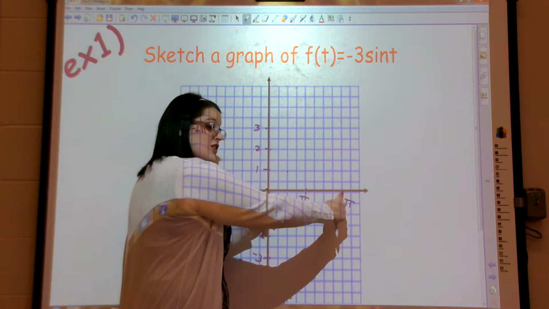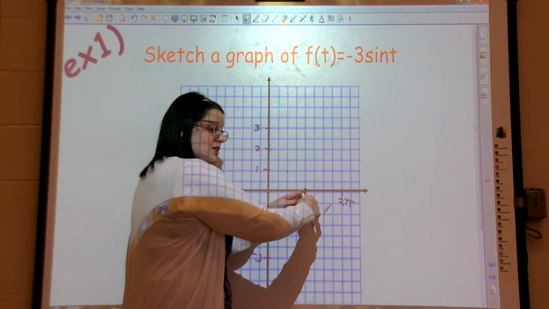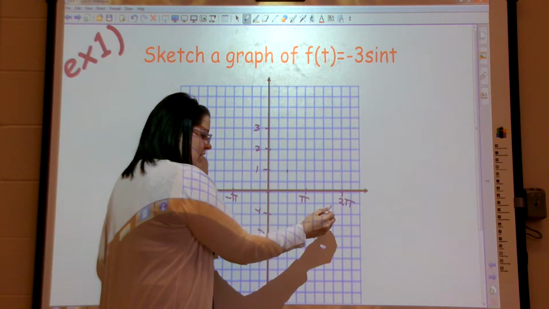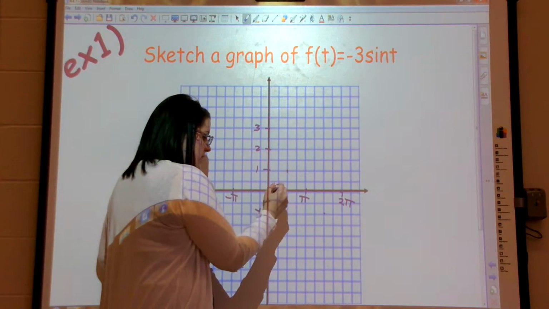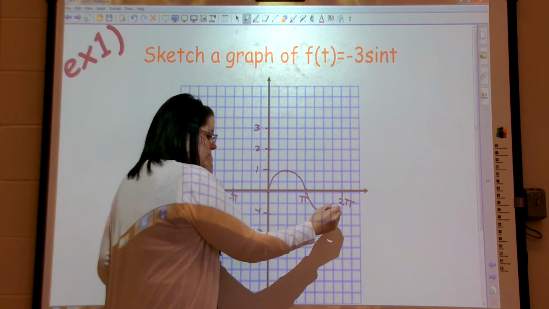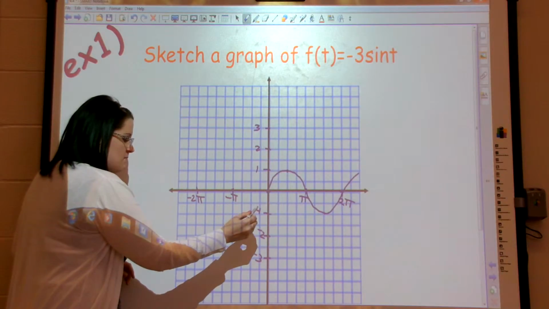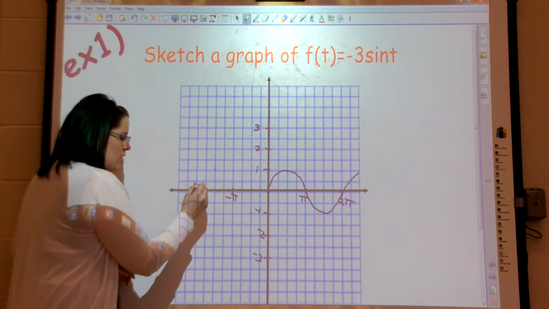Remember I said you need to know start and stop? In between it's still 0. In between that it's a max. In between there it's a min. So graph your max and min. You need to be on the squares perfectly. Same over here. I know it's a 0. Min. Max. 0.